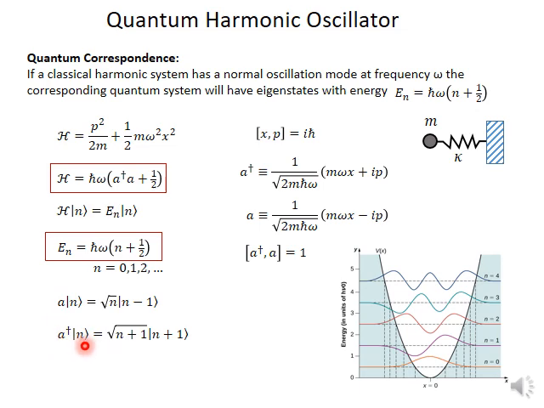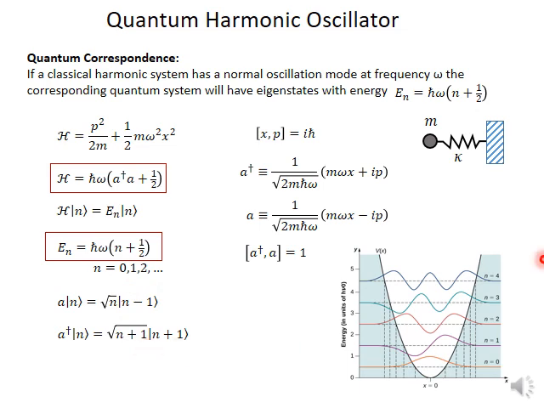And similarly, if you apply a dagger on this nth eigenstate, you get the n plus 1 eigenstate. So if you apply a dagger on n equals 3, you would get the fourth eigenstate. So one operator decreases the excitation in the system by moving the system from a higher excitation to a lower excitation.